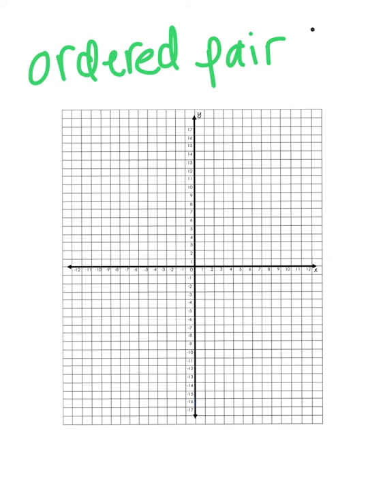So let's talk about how to make a point on the coordinate plane. You need what's called an ordered pair. Go ahead and say that to yourselves. Ordered pair. An ordered pair are two numbers, one from the x-axis and one from the y-axis, that when you use them, it's kind of like a guide on a map.